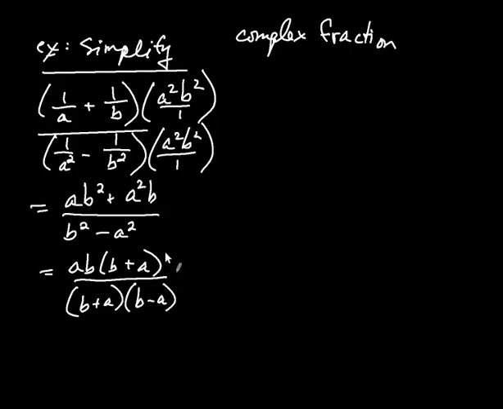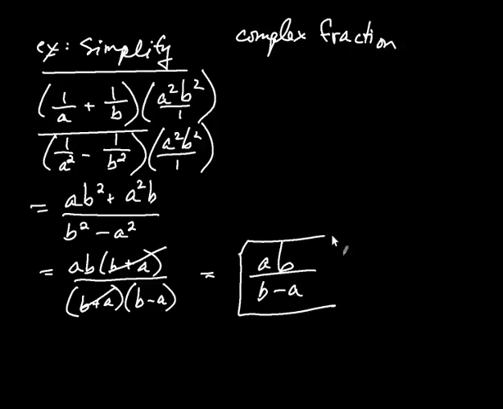Finally, the b plus a's are going to cancel, and you're left with just ab divided by b minus a. So that's how you simplify complex fractions: you multiply by the LCD of all the little fractions to clear them. Okay, let's go back to our trig identity and see what we can do now.